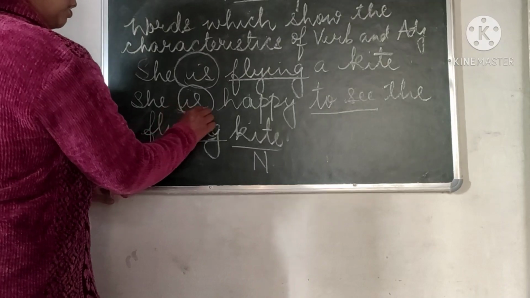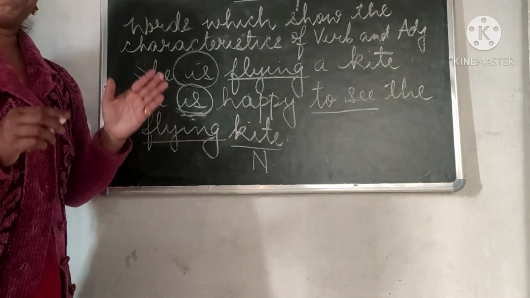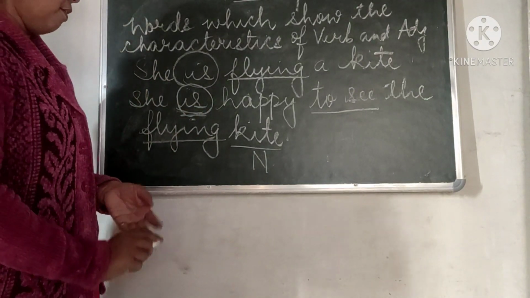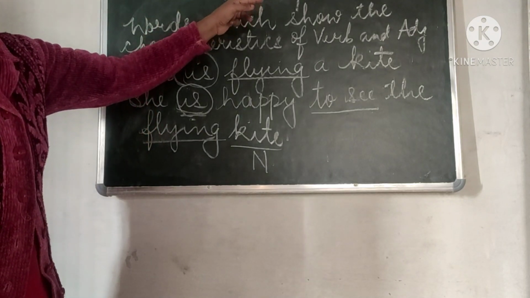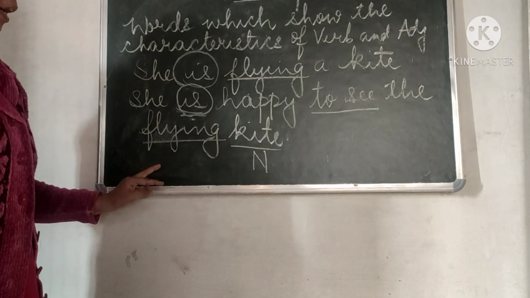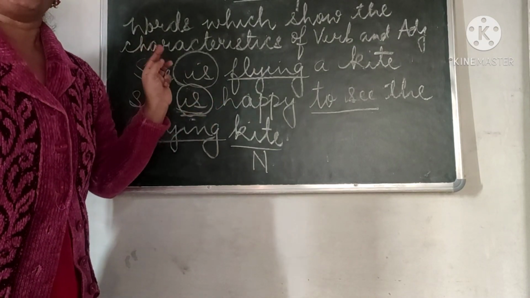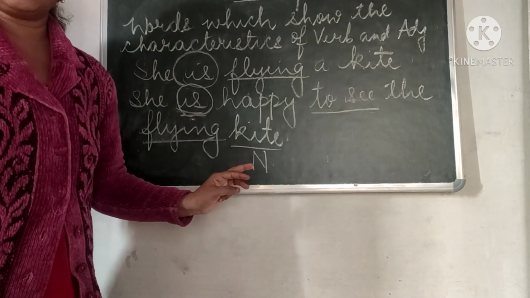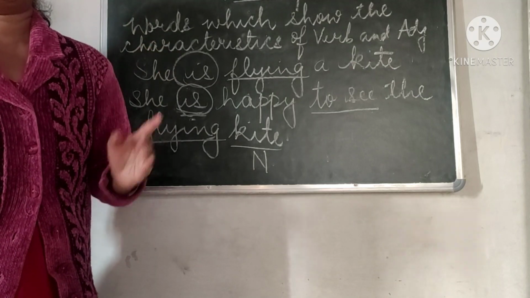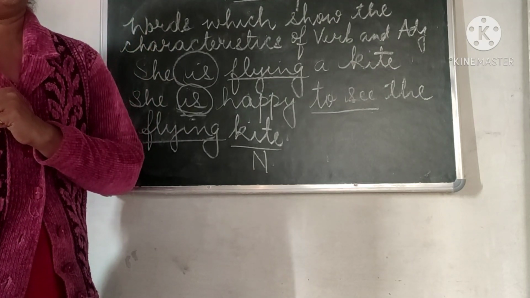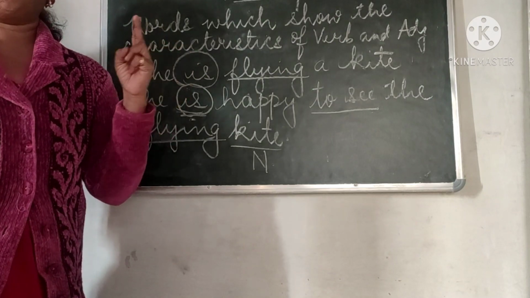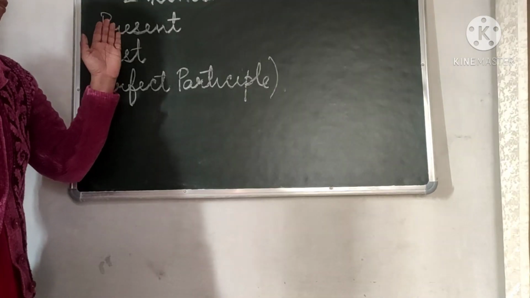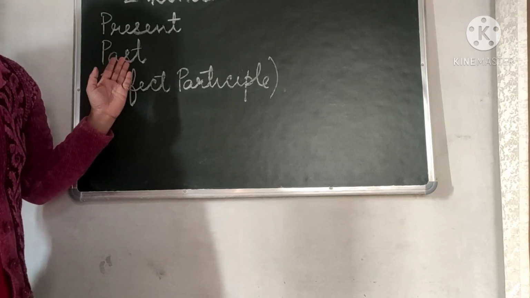So that means is is my main verb in this sentence, whereas flying is my participle. Flying is my participle because it is not acting as a verb, rather it is acting as an adjective, right?